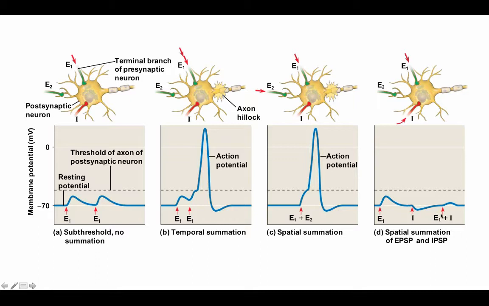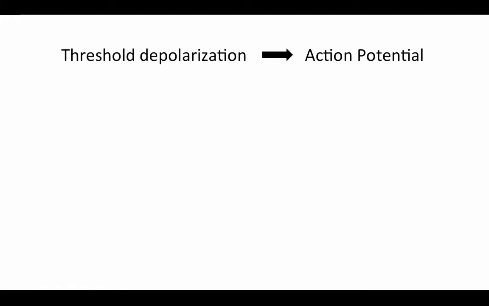And then there's also going to be the effect of these inhibitory signals that are going to make it less likely that an action potential is going to happen. And so the sum of all of these inputs, if it brings the voltage up to that threshold potential, that's when we're going to see this dramatic change in membrane potential. So a threshold depolarization is going to lead to an action potential every time in this all or nothing manner.